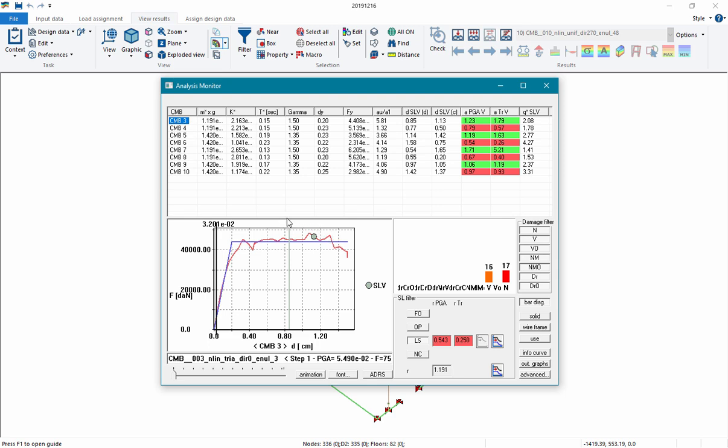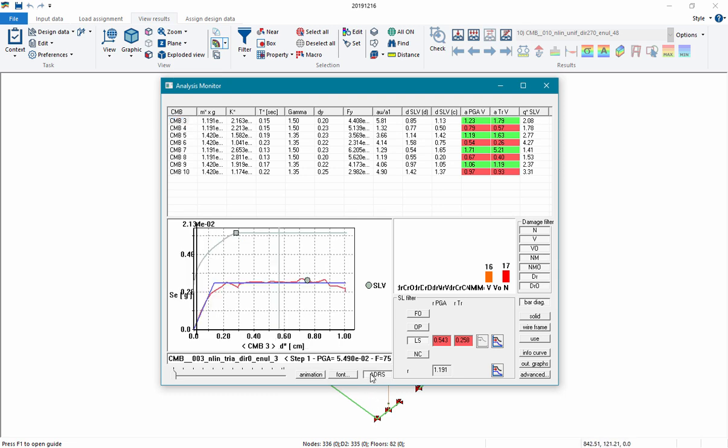Then with this vertical line we can check the point where the safety check is performed. With this command we can open the window with the acceleration displacement response spectrum.